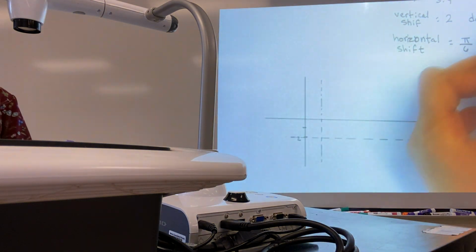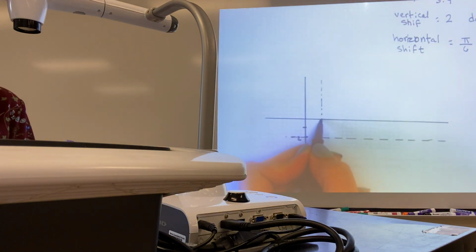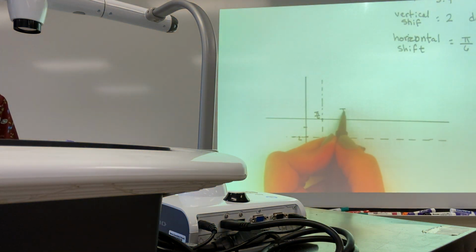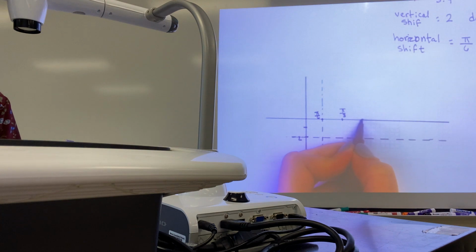And we said the step is pi/6, so we'll start with values of x, starting at pi/6. We'll keep adding, and it will be pi/3, and then we have pi/2.